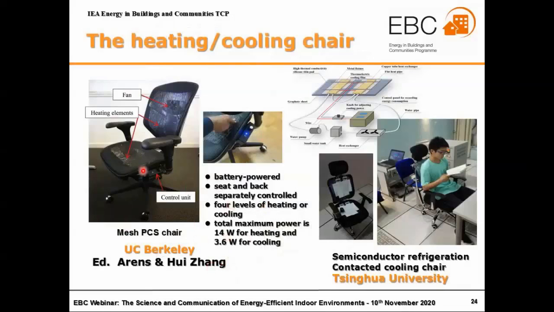It can be used for heating in the winter and use a fan for cooling in summer, and the total maximum power is 14 watts for heating and 3.6 watts for cooling. And this one is a conducted cooling chair developed by Tsinghua University. The experiment is made with a semiconductor refrigeration system.